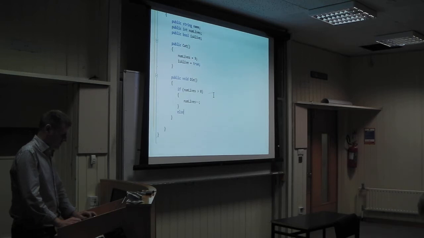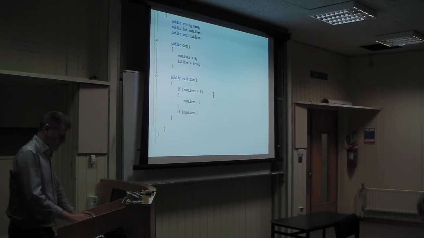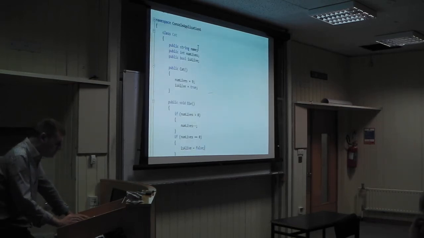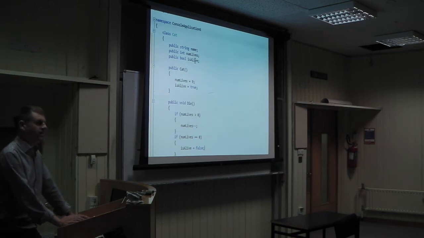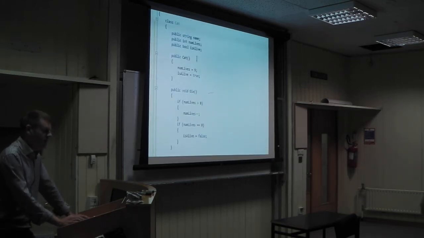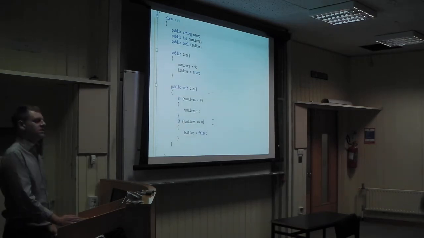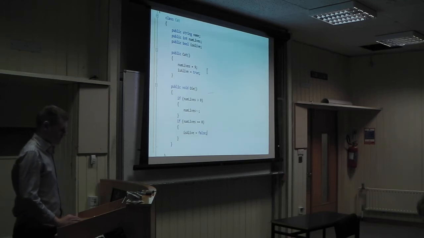Subtract 1 from the number of lives, and then we can say if num lives equals 0, is alive equals false. So I now have a cat class. My cat has a name, it has a number of lives, it can be alive or dead. You can check the is alive boolean to see if the cat is alive or dead. Every time the cat dies, it loses a life, and once the number of lives reaches 0, is alive is set to false.